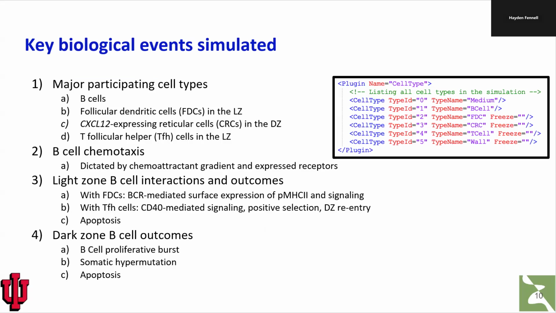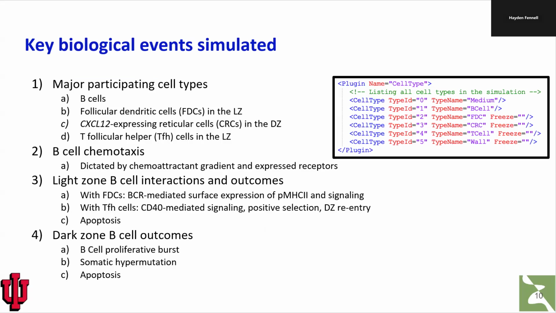And in terms of interaction with the T helper cells, in this case we're modeling CD40 mediated signaling, which causes positive selection of the B cells that have a high antibody affinity, and also drives them into dark zone reentry. And also in the light zone, we have this default apoptosis or death timer set up.